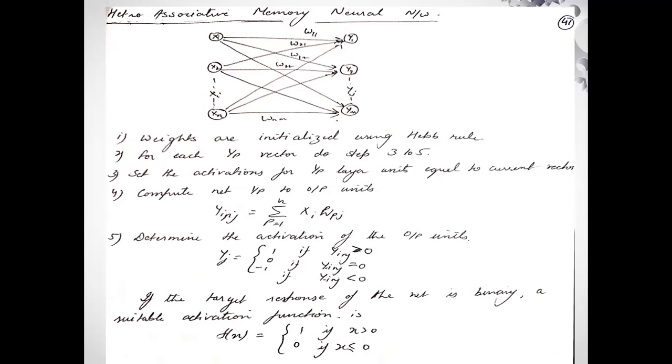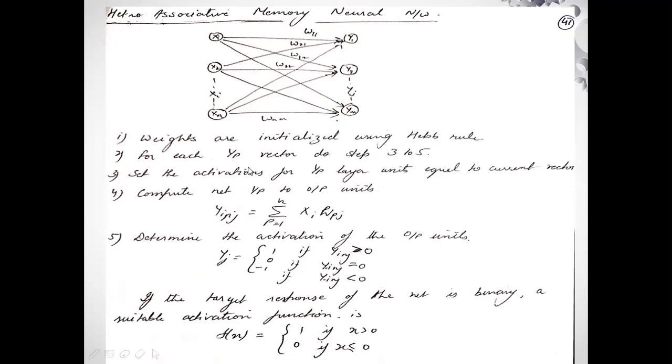X1 is attached to Y1. X1 is attached to Y2, that is W12. If X2 is attached to Y2, it is W22. So on and so forth. And finally, Xn is attached to Ym, so Wnm is the weight. So here the weights are initialized.